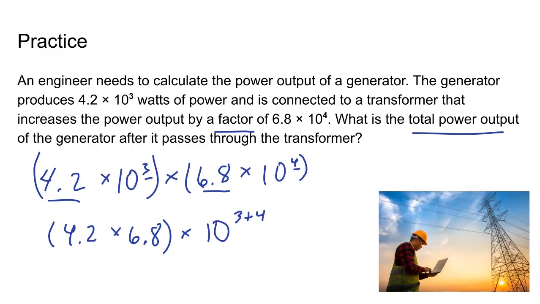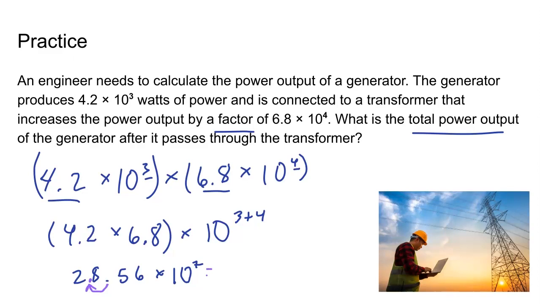And 4.2 times 6.8 is 28.56 times 10, and 3 plus 4 is 7, 10 to the 7th power. But the coefficient is greater than 10, so you need to move the decimal point one place to the left.